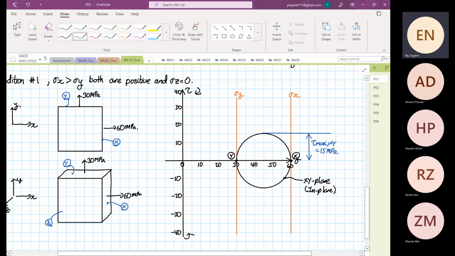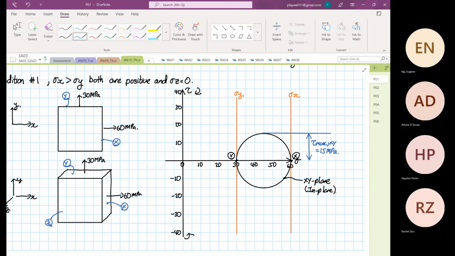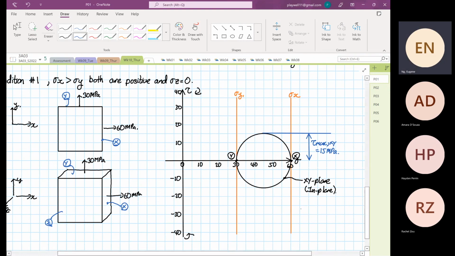And we realize that this is just using 2D, okay? One circle, we know that, okay? And in 2D Mohr circle, if you look at 2D Mohr circle, our stress max is equal to 60 megapascal.